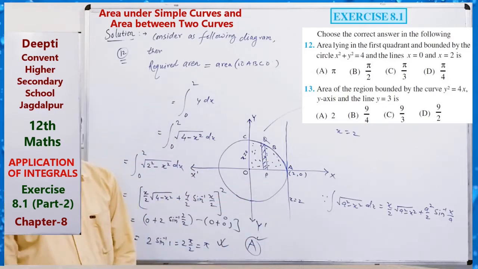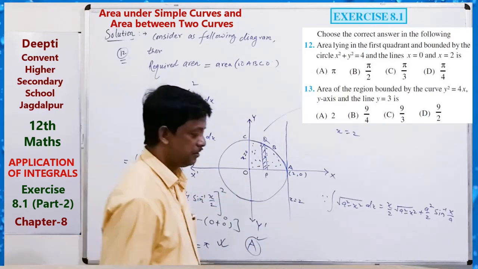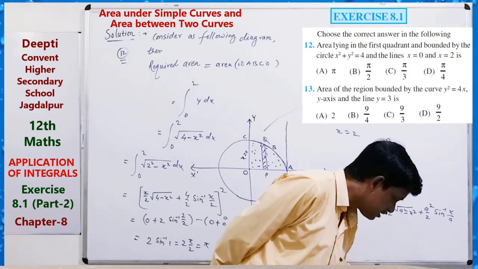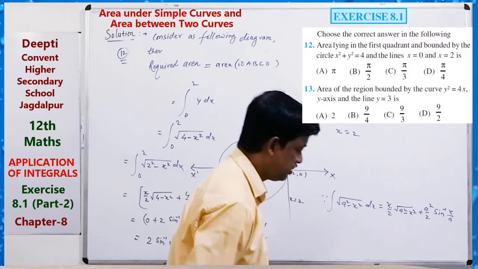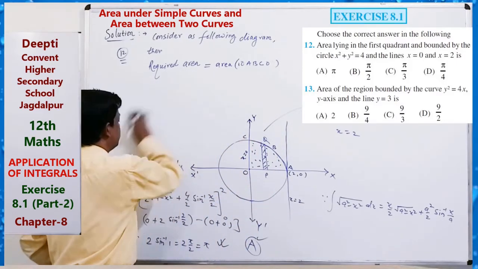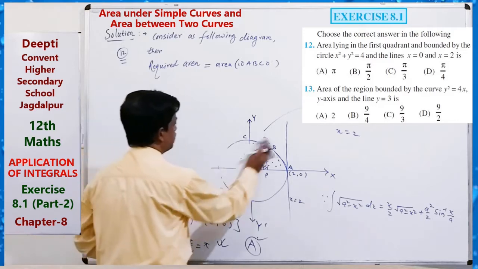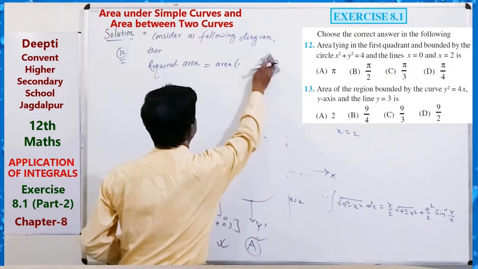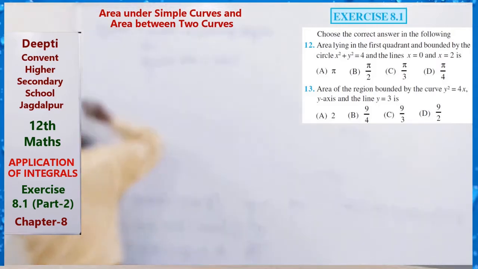Right. Okay. Similarly, question 13. What is 13? Area of the region bounded by the curve y square equals 4x, y axis and the line y equals 3. What will be the diagram here for 13?